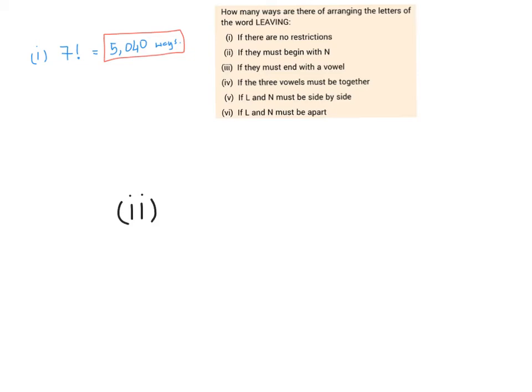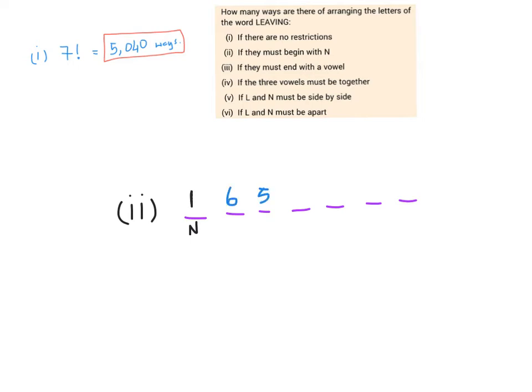Okay, part 2 then says, what if they must begin with the letter N? So here we've part 2. With these questions, it's often very useful to draw out your spaces. So 7 spaces. So here in box 1, we have one option. It has to be the letter N. So we'll write the N down underneath. Which means I am left with 6 options here.